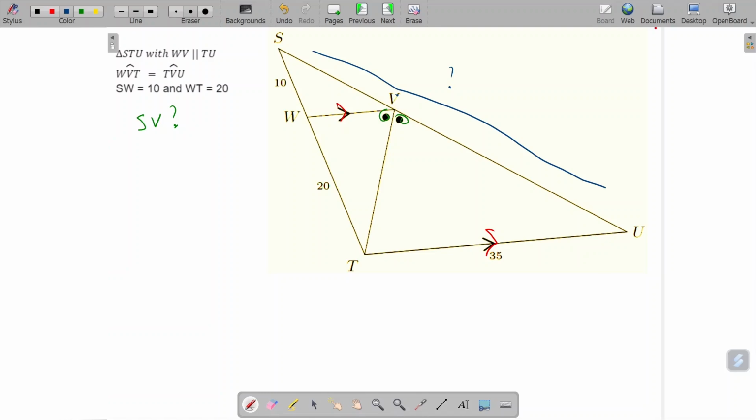To that end, I'm going to go back a step and say what I said to start with. In grade 8, parallel lines made me think of co-interior, corresponding, and alternate. And what I have in this situation is I can see, hopefully, that these angles here are alternate to one another.